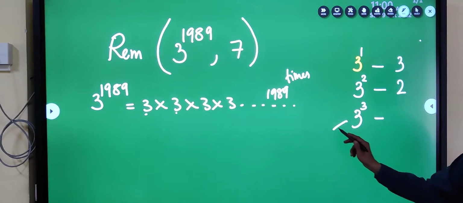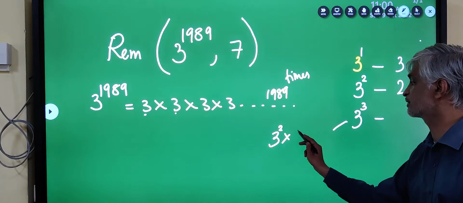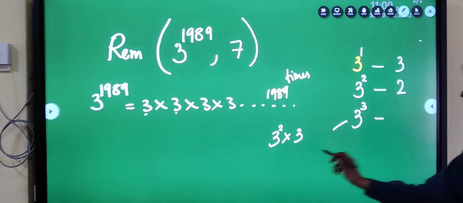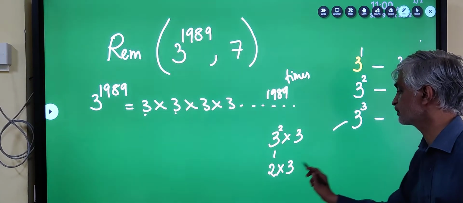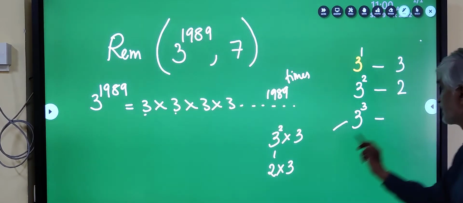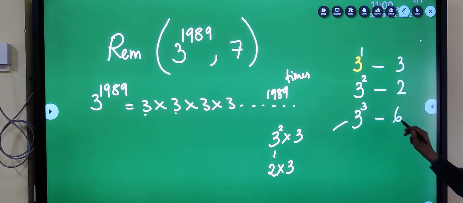Now here I'll use a simple trick. 3 cube is nothing but 3 square into 3, and the remainder of 3 square is already here. It's 2. So that is 2 into 3, which is 6 because you're allowed to directly multiply the remainders. So the remainder of 3 cube when you divide by 7 is 6.